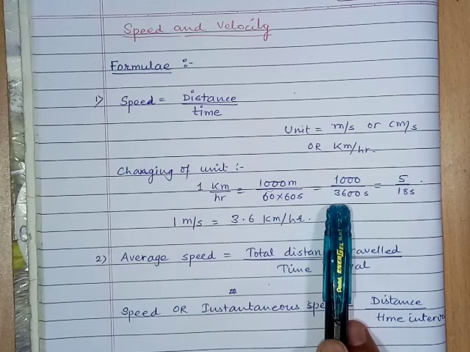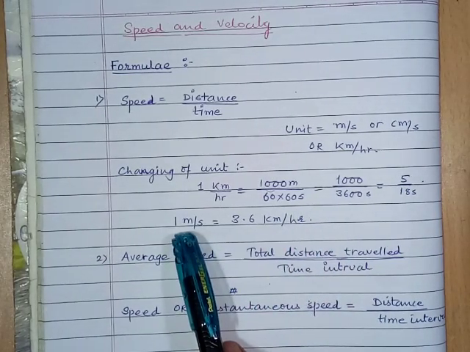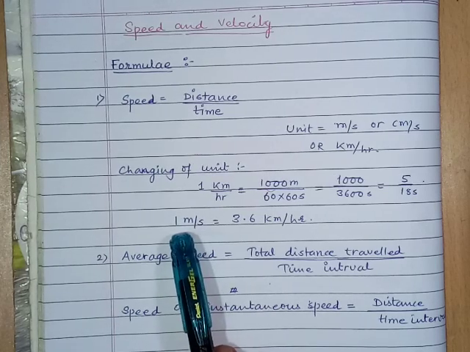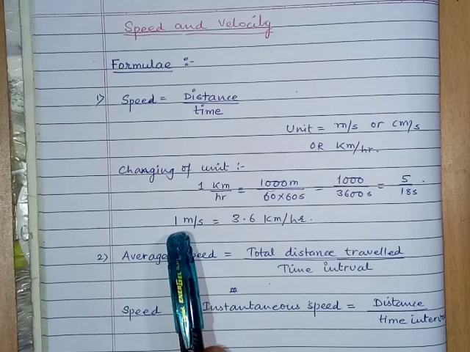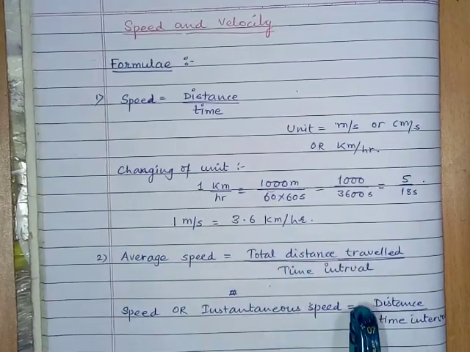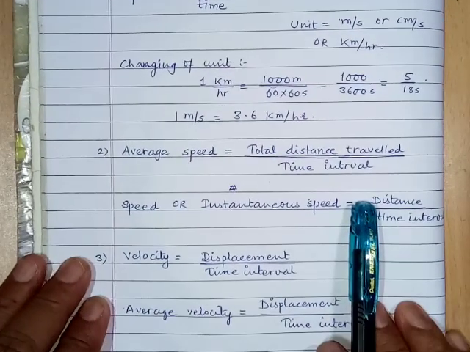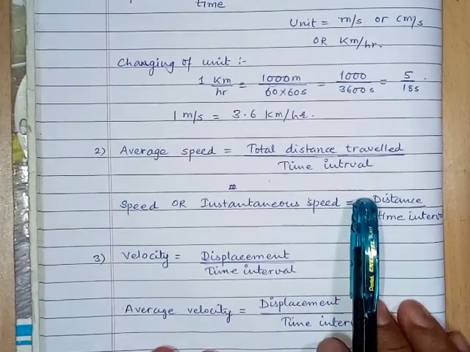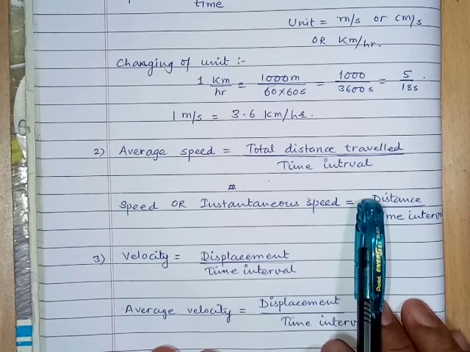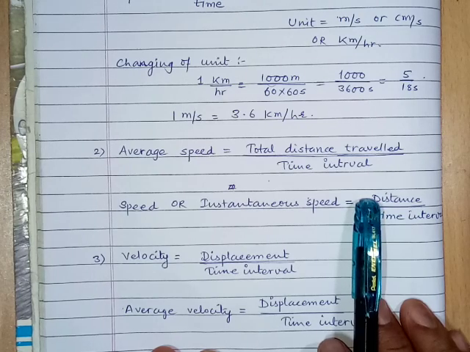Sometimes you need to convert from meter per second to kilometer per hour also. So please keep in mind this conversion: 1 meter per second is equal to 3.6 kilometer per hour. Now sometimes we have to use the formula for average speed, because two distances will be given and the object covering the two distances will take varying times.